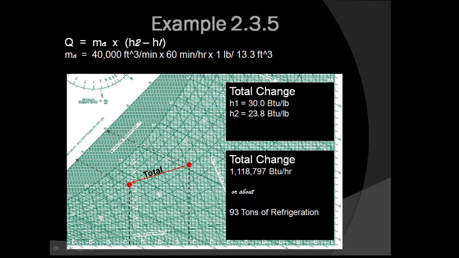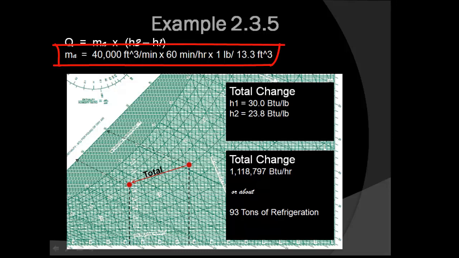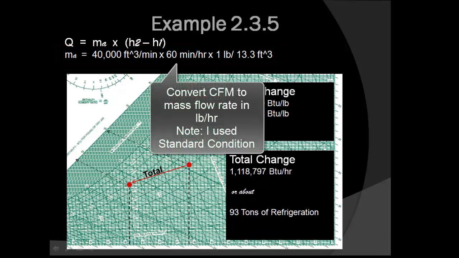Let's consider the total change first from the entering and leaving conditions. The Q total is going to be the mass flow rate of the air times the enthalpy change as it goes through this process. The mass flow rate of the air is 40,000 cubic feet per minute times 60 minutes per hour times 1 over 13.3 cubic feet, which is the specific volume of the air sample.